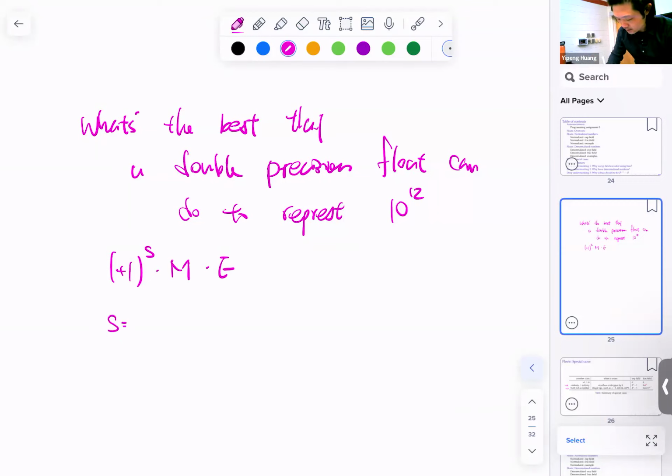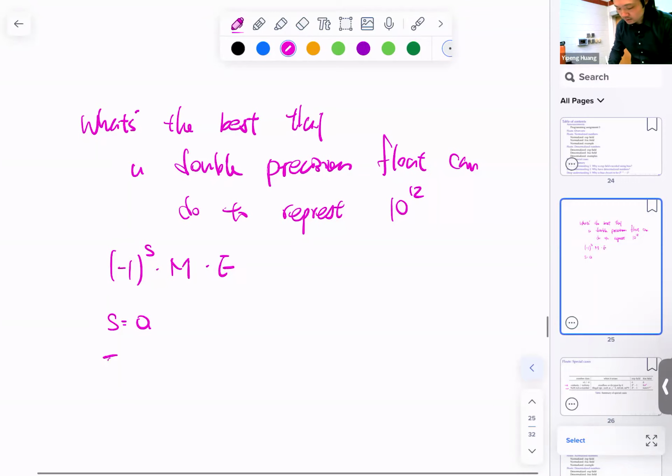So we know already sign bit's going to be 1. Oh, nope, never mind. That's not good. It's 0. And what's the next important piece we need to figure out? We should figure out what capital E is. And what is the binary representation, roughly, of this number?